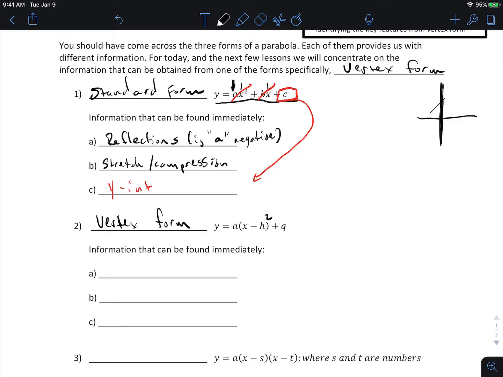So if something's called vertex form, before I get to that part, I still see an A value, so I can read off the same information. I can tell if there's reflections, and I can tell about stretches and compressions.